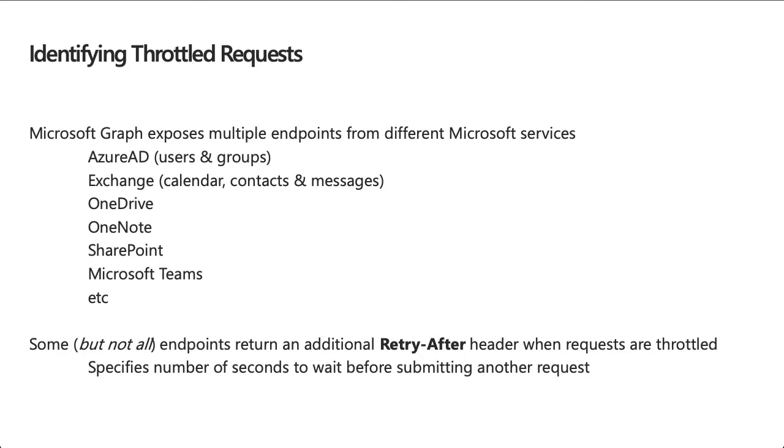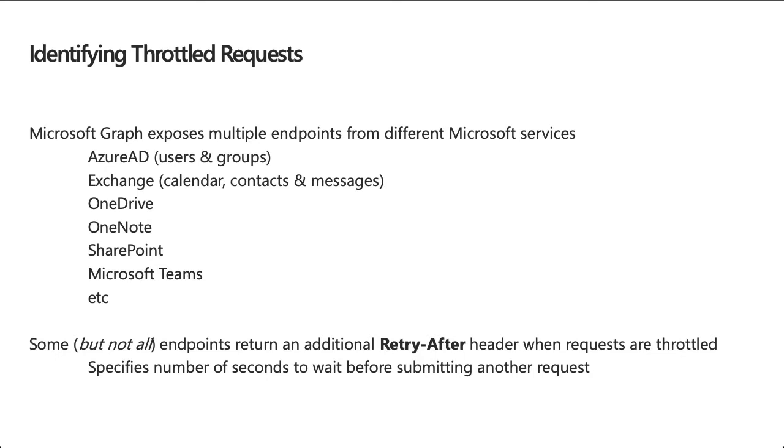Many, but not all, of these endpoints will also return an additional value in the response's HTTP headers that the requester can use to determine how long they should delay before resubmitting another request. This header value, called retry after, is typically an integer that represents the number of seconds the client should wait before submitting the request again.